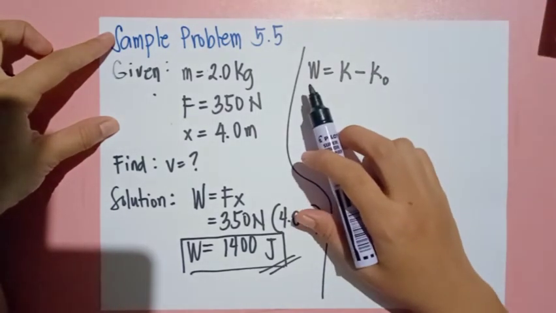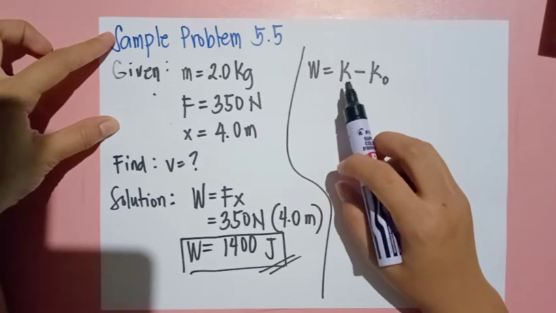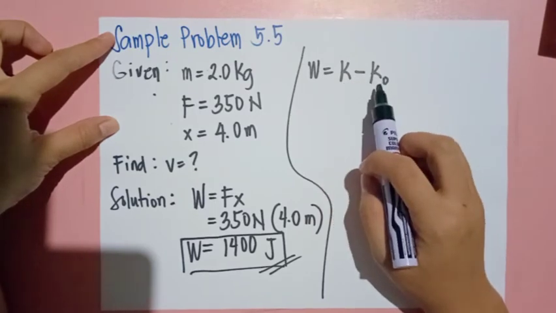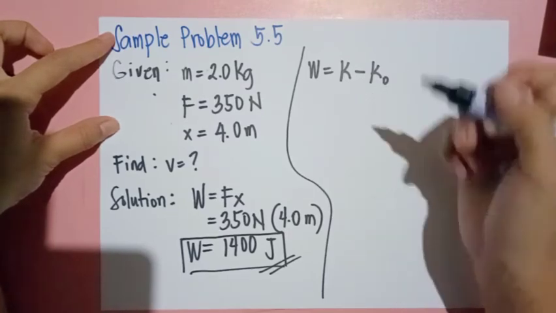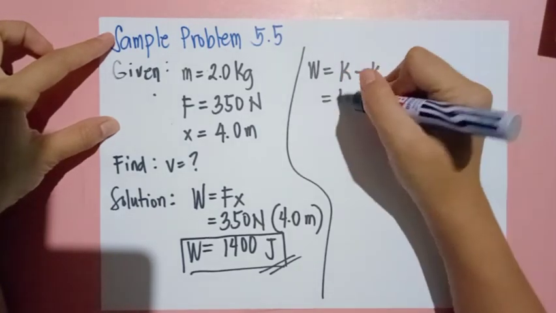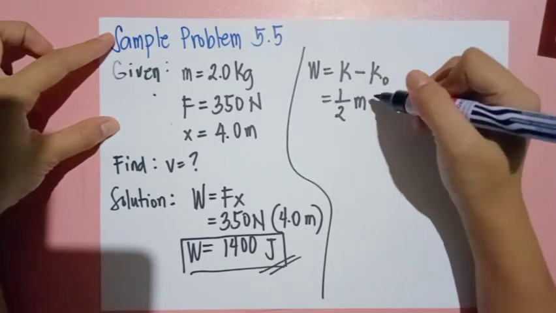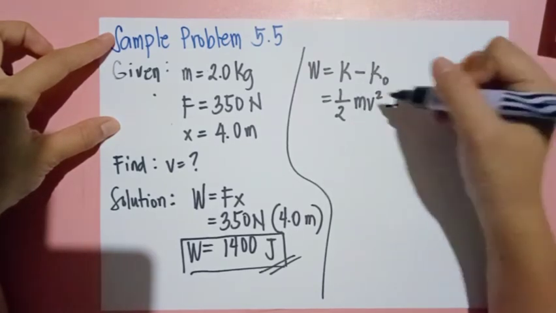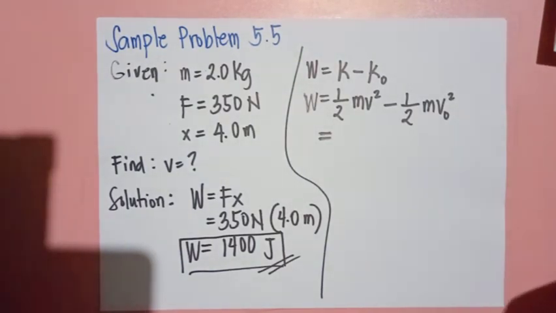W here is the work done. K here is the final kinetic energy, and K sub 0 here is the initial kinetic energy. So kinetic energy is expressed as 1/2 mv squared.